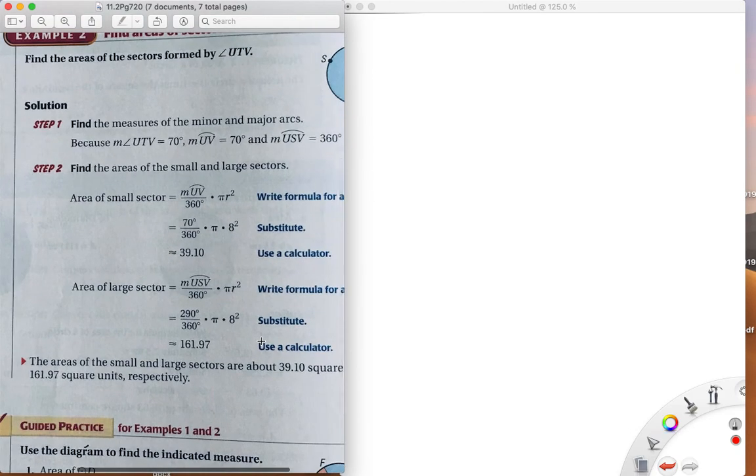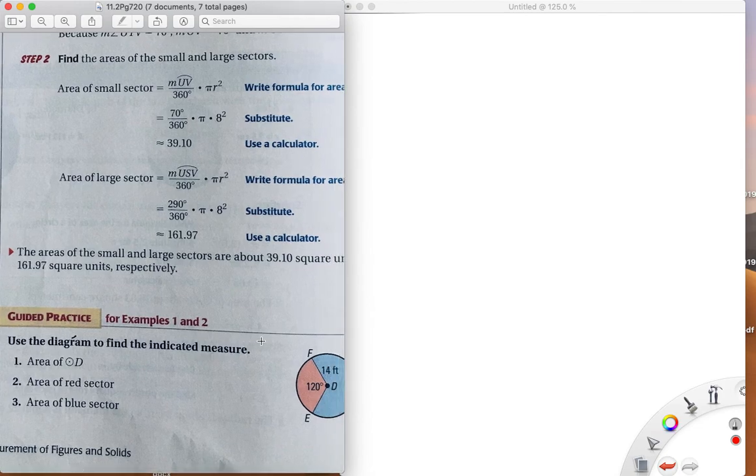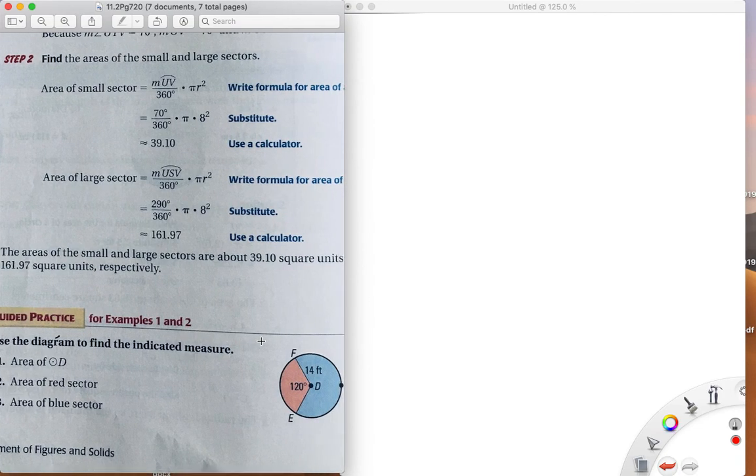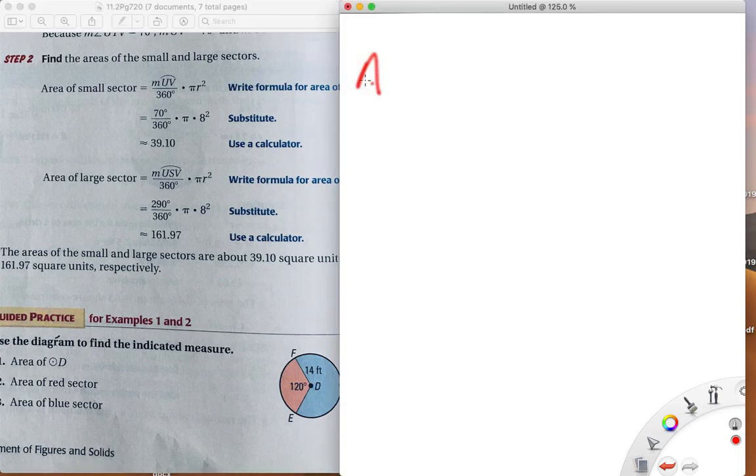Down here, they give us a circle, D. They want us to find the area of the circle and the area of the red sector and then the area of the blue sector. In order to find the area of the circle, all you need to do is find a radius. In this case, the radius is 14. Note that our area of the circle is pi r squared.